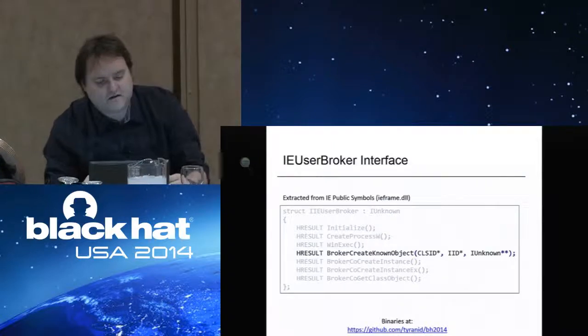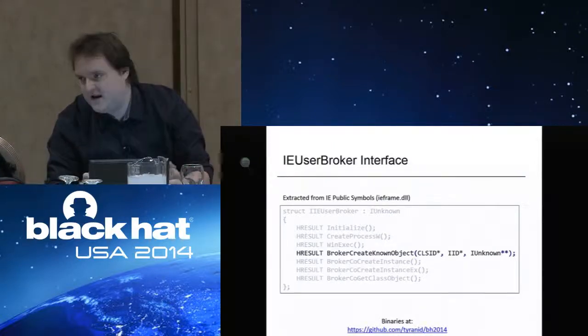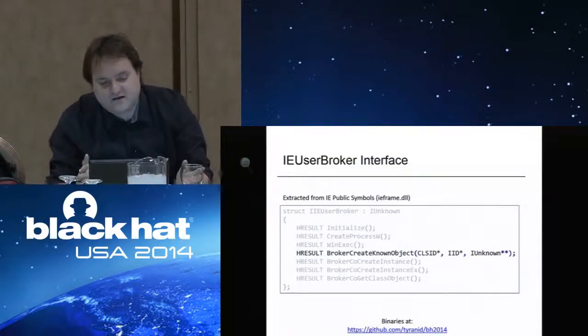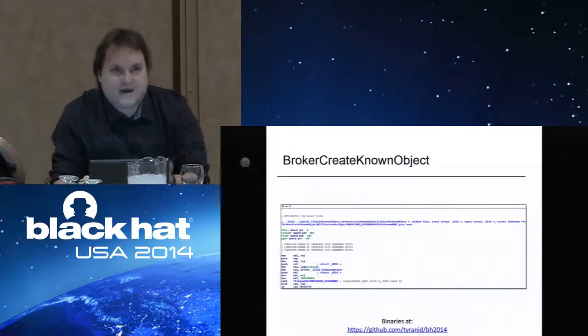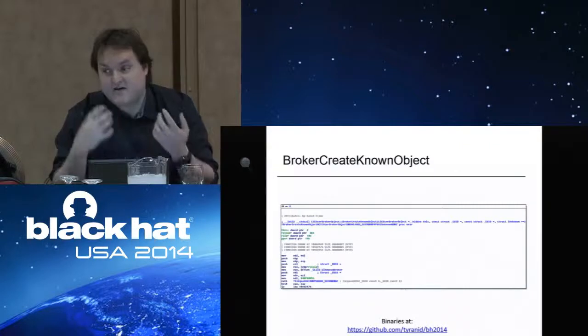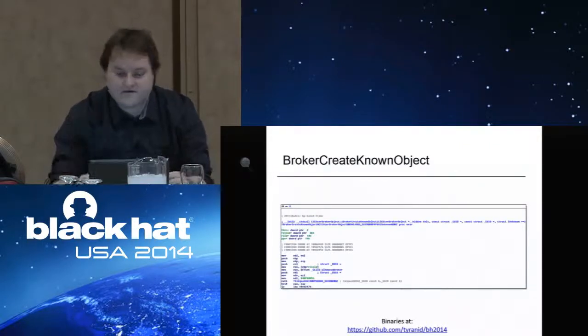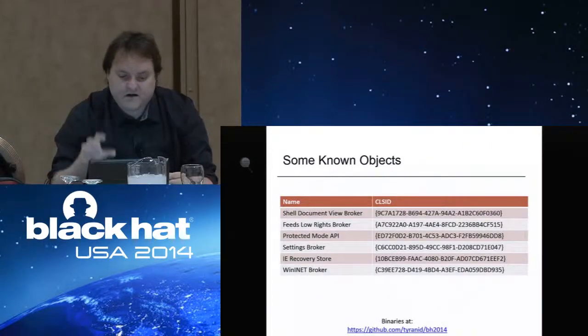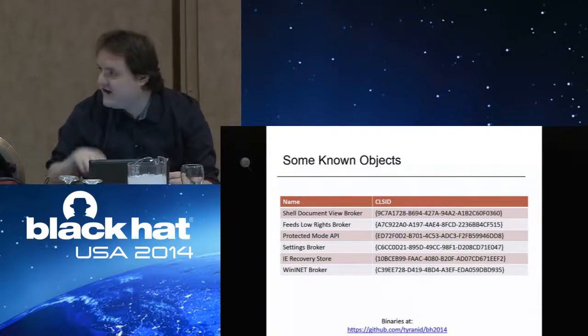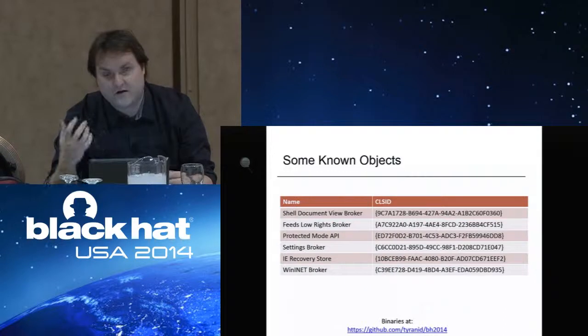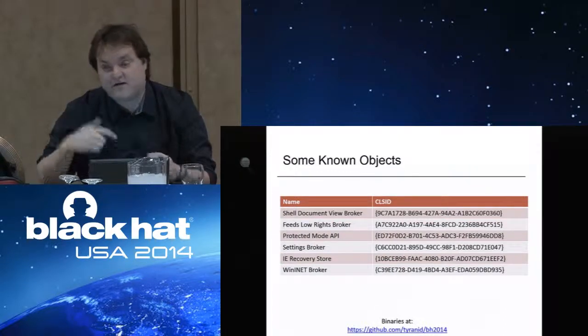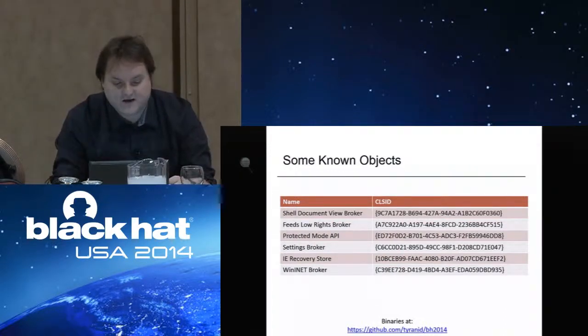But there is one function on there which is not directly used by anything else, and this is the create known object function. And as the name suggests, it will allow you to create certain known COM objects. You can trawl through it in IDA, work out all these objects you can create, and then go and look them up and try and find anything interesting.